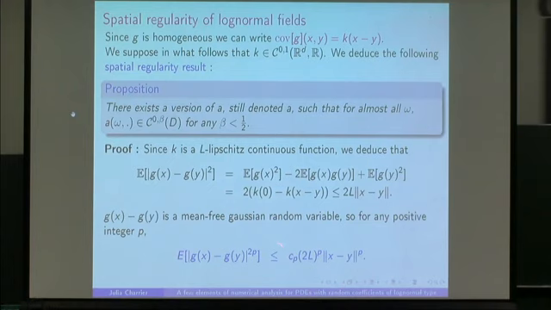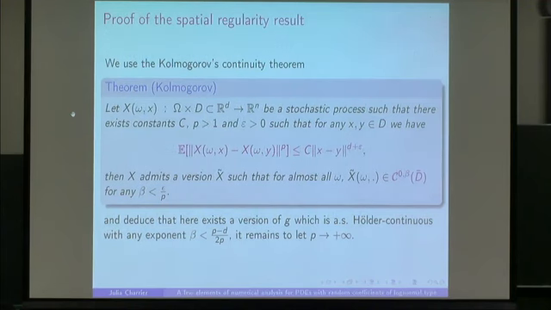And why do we like this kind of inequality? Because of the Kolmogorov continuity theorem, which tells you that if you have such a bound, you can deduce that your random field is Hölder continuous for some exponent beta, which depends on the value here.